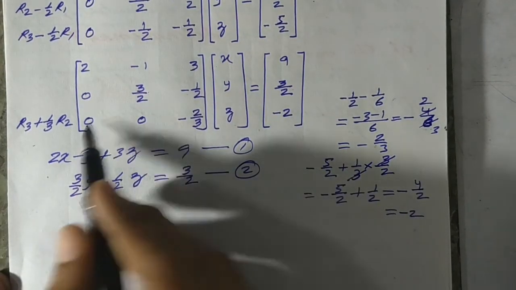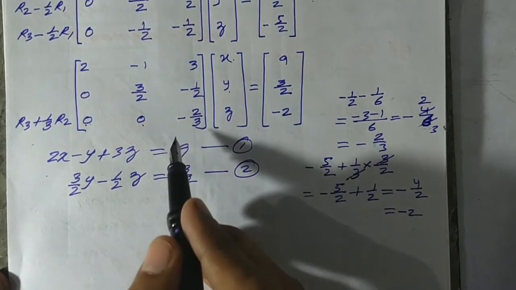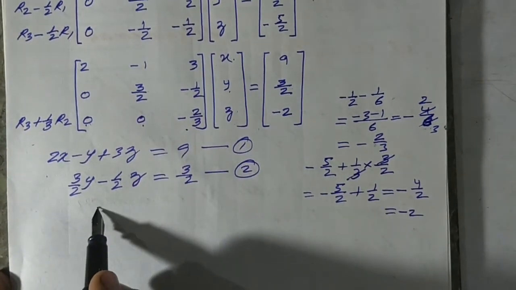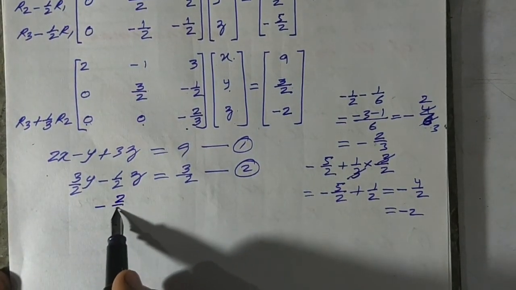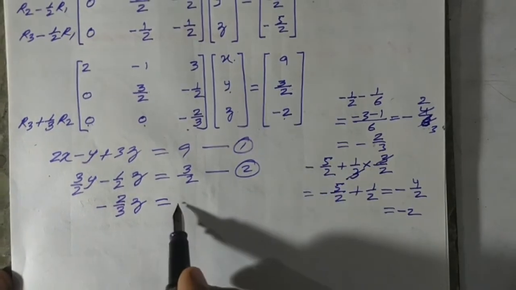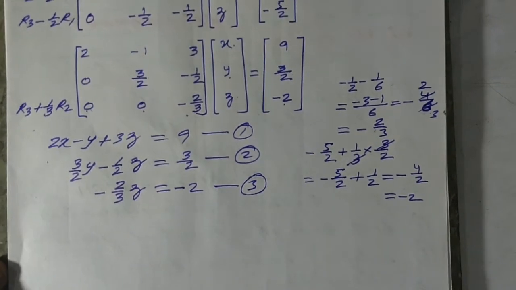And the third one, 0 into x, plus 0 into y, minus 2 upon 3 into z, minus 2 upon 3 z is equal to minus 2. That will be equation number 3.